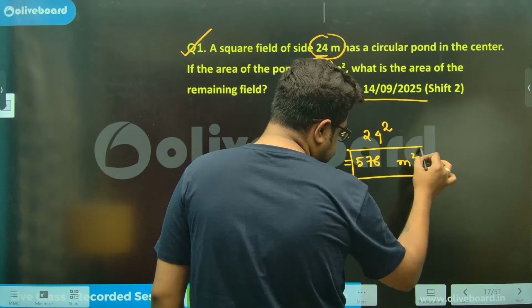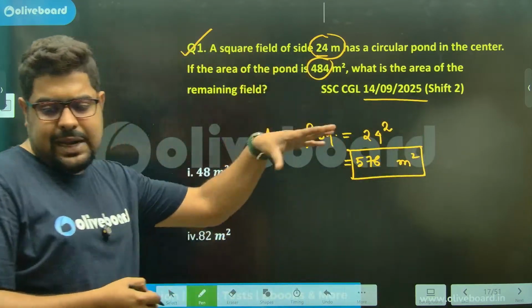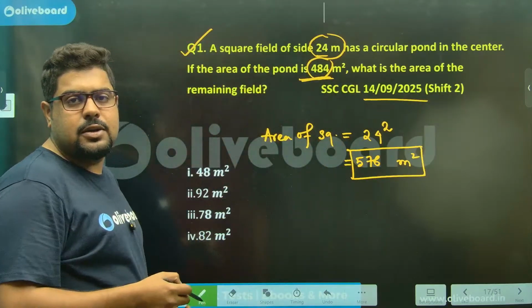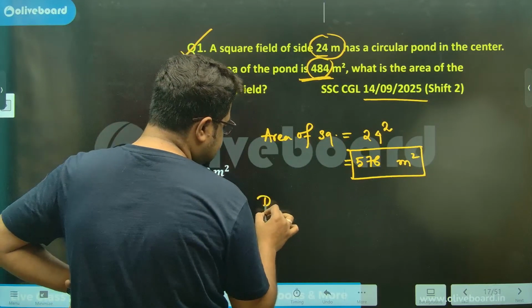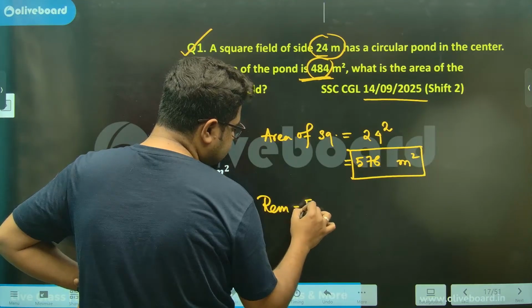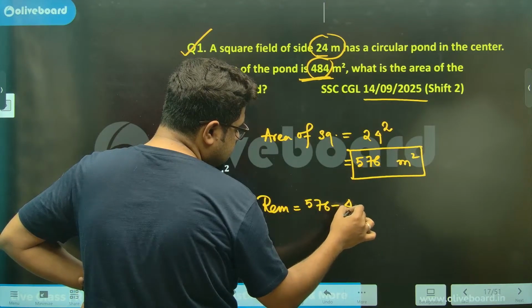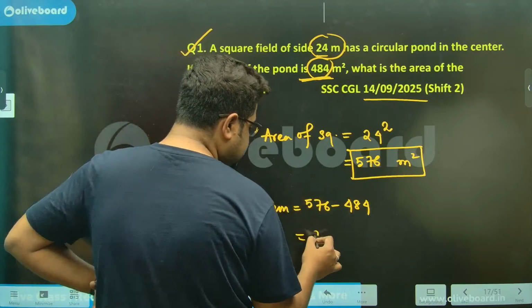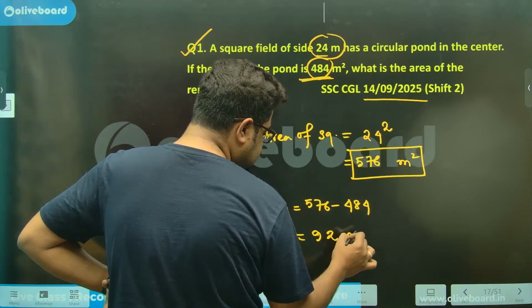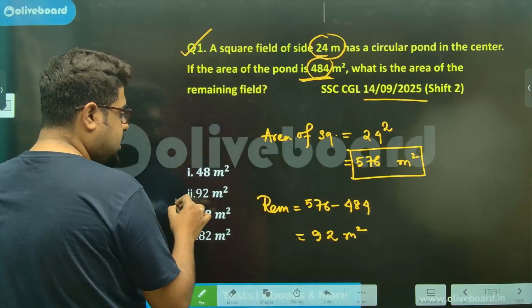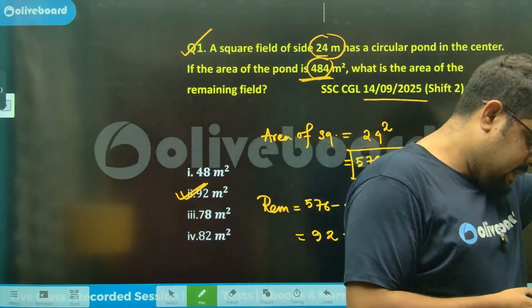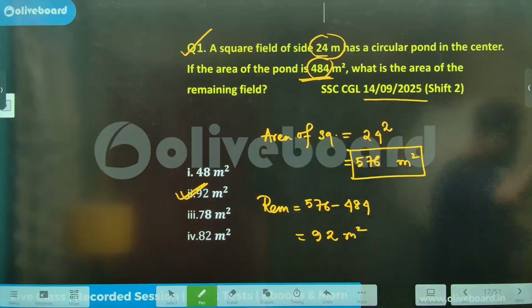Out of this 576, in the middle there is a 484 meter square pond. So the remaining area will be 576 minus 484. Done, sir. So this answer will be 92 meter square, option number 2. Perfect. So this was a very easy question to start with.